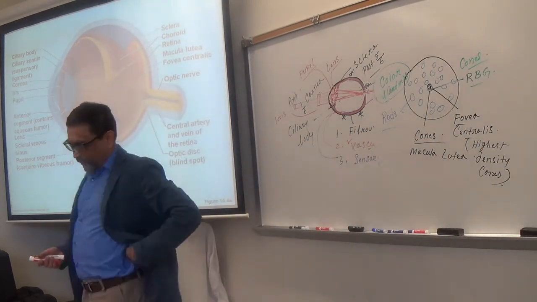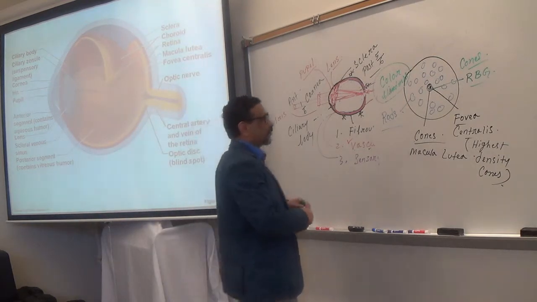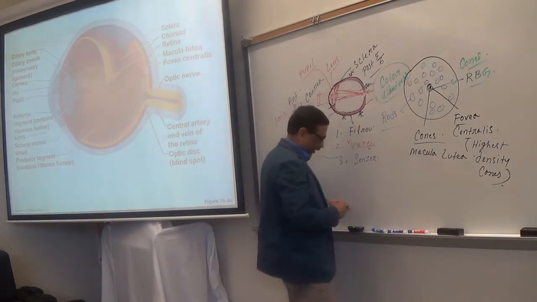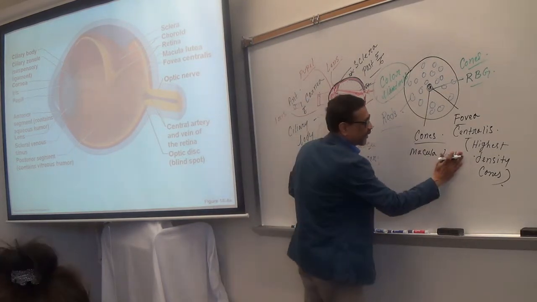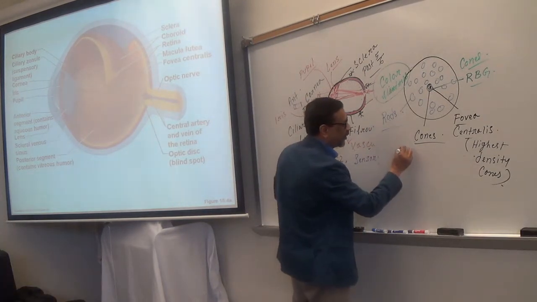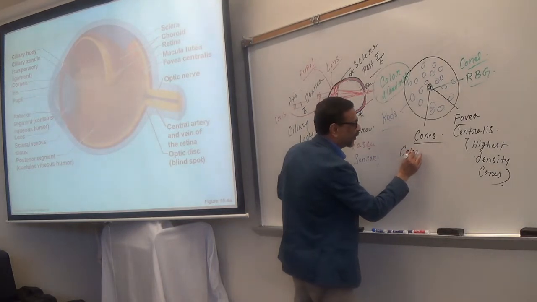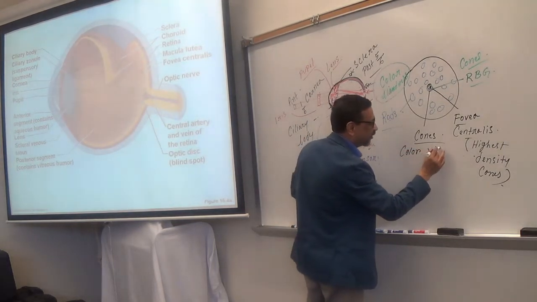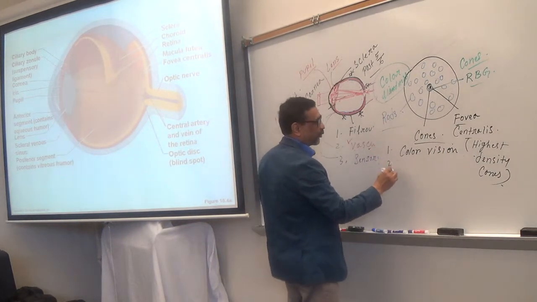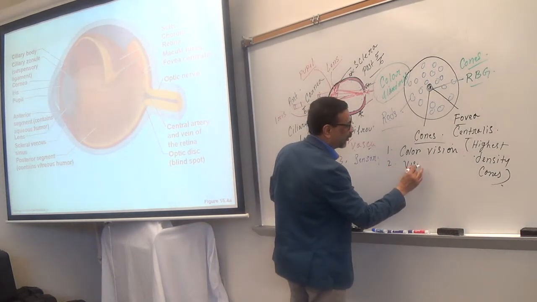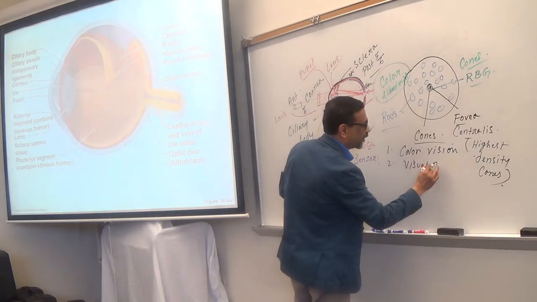So the cones are responsible for a few things you need to know. Cones are responsible for color vision, that I have mentioned, you already know now. Color vision, number 1. Number 2, visual acuity.